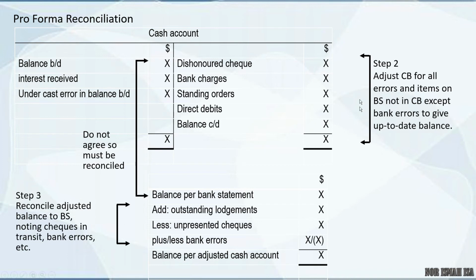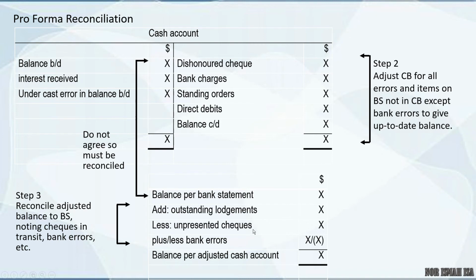And then after we do reconciliation as per the cash book, we do reconciliation for the bank statement. The amount that should be adjusted for the bank statement is the amount that appears in the cash book, not in the bank statement. For example, the outstanding lodgement or outstanding deposit we add, and the unpresented cheque we minus.